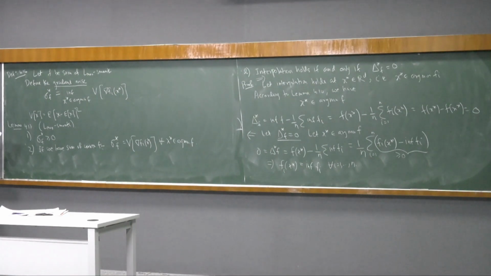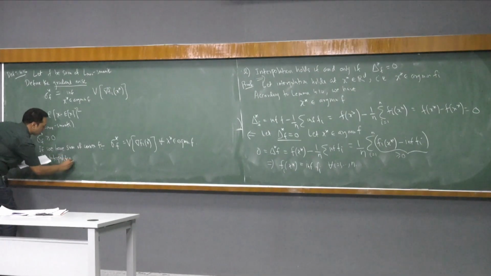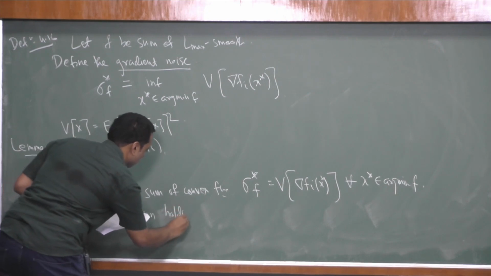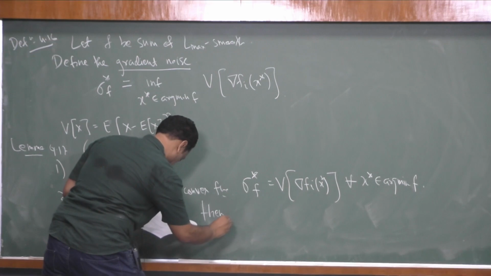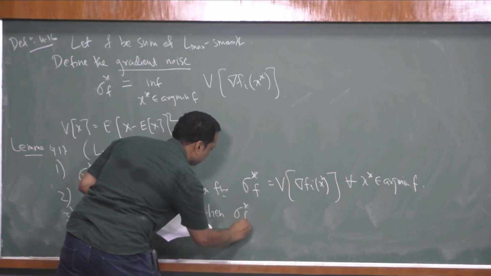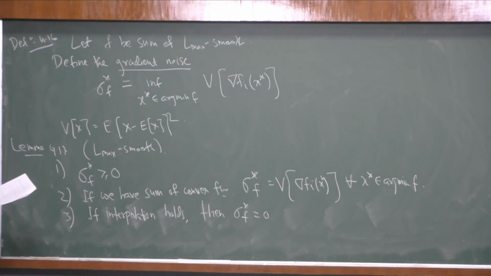If interpolation holds, then sigma star f is 0. Okay. So if interpolation happens, then the variance in grad f_i will be 0.